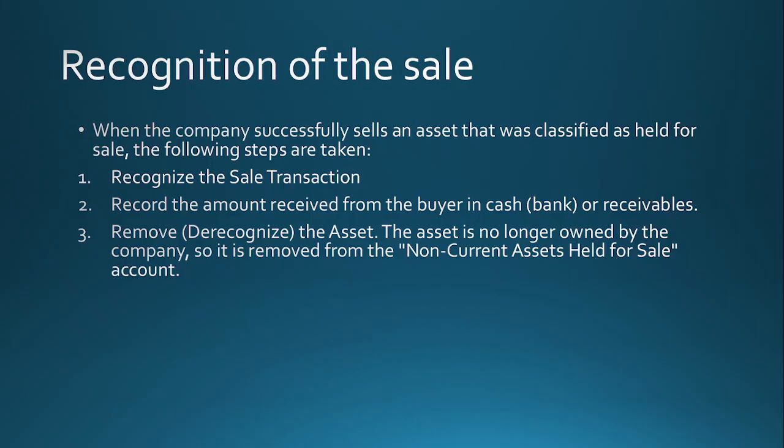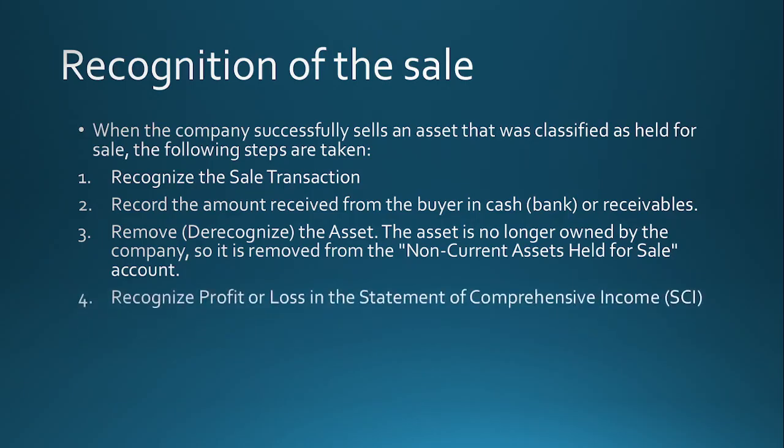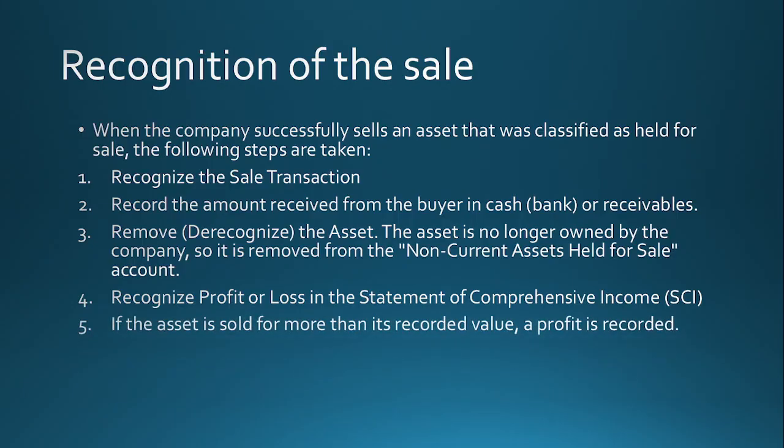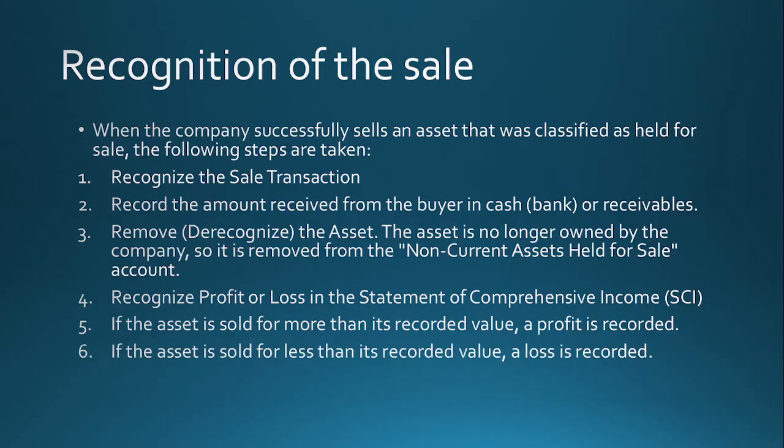We no longer have control, so you're going to de-recognize the asset, and then you're going to recognize the profit or loss. But how do you see that you have a profit or loss? First, if the asset is sold for more than its recorded value, then a profit is recorded. And if the asset is sold for less than its recorded value, then a loss is recorded.